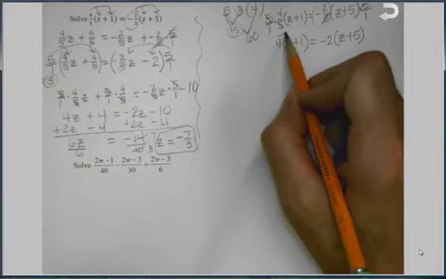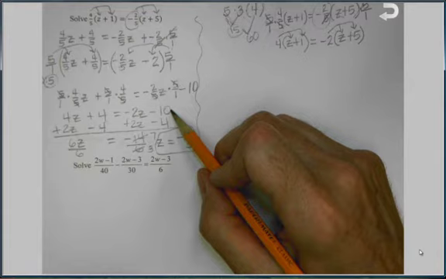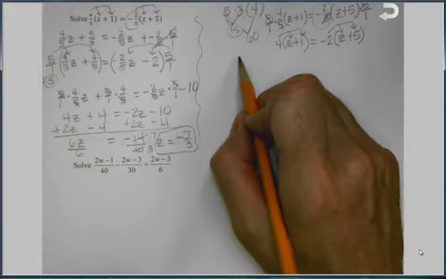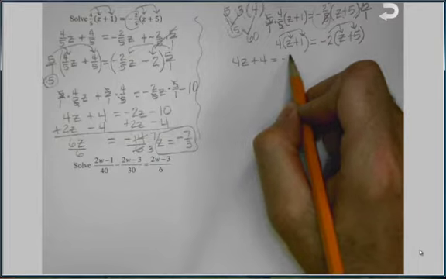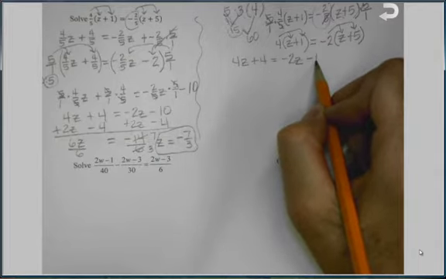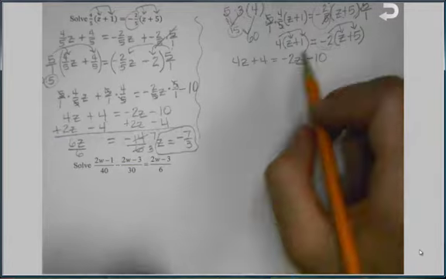When I distribute that 4 and the negative 2, it should very quickly start looking like this problem at this level. Then I have 4z plus 4 equals negative 2z minus 10. I'm distributing that whole negative 2 inside the parentheses.